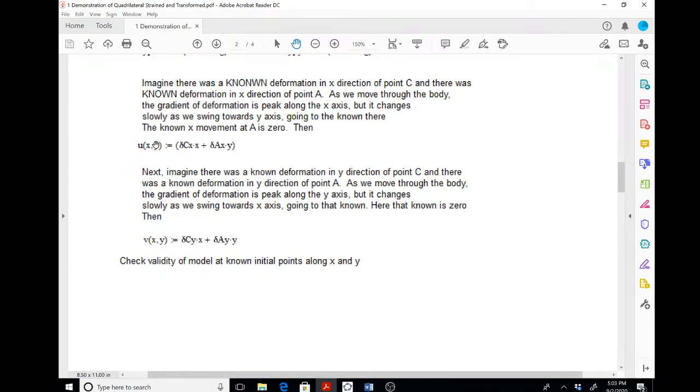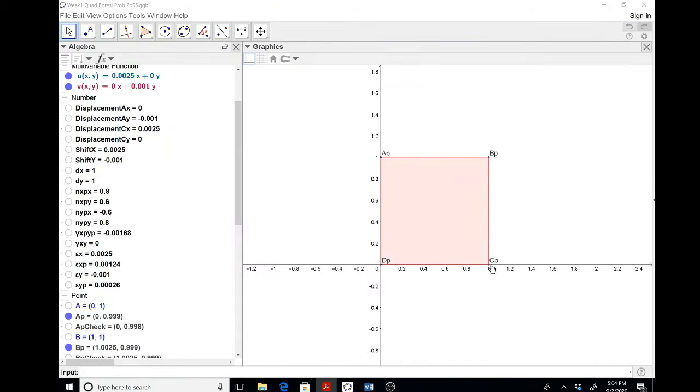And I am saying u is a function of x and y. This is one of the big changes in a mechanics type approach, that you have the displacement being a function of two spatial coordinates. And the same with v. V is a function of two spatial coordinates. But notice v is dependent on how c shifts and how a shifts. But once again, c is on the x-axis and a is on the y-axis.